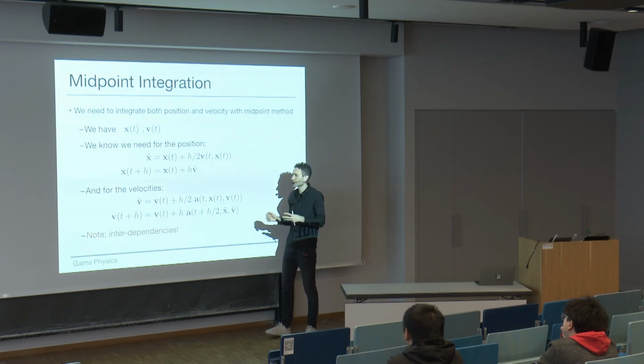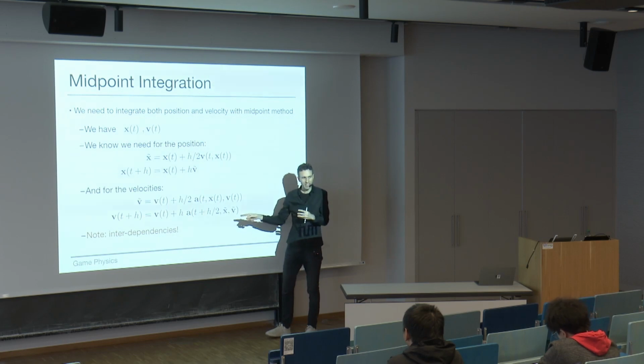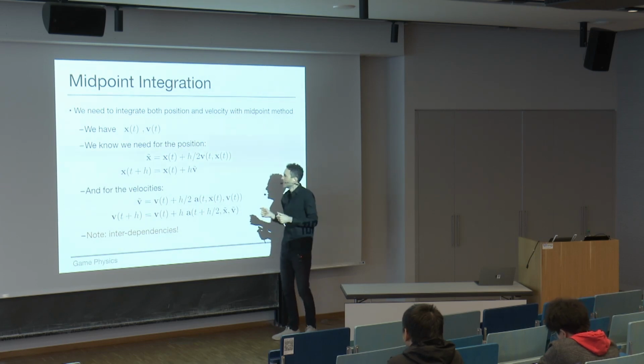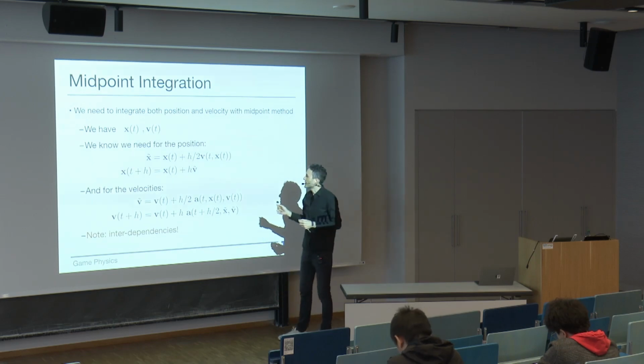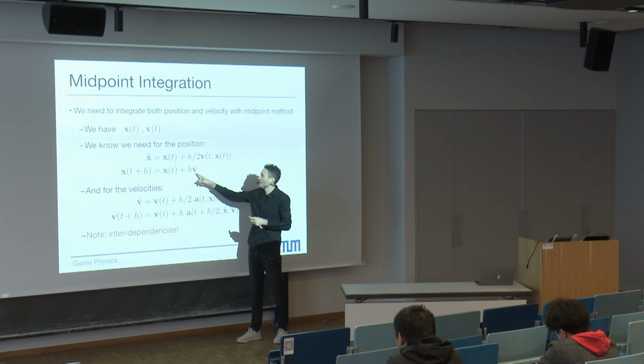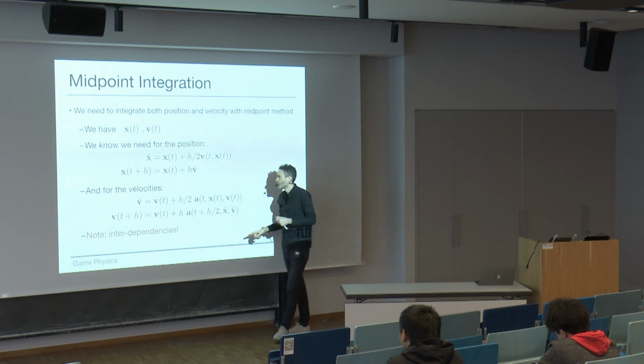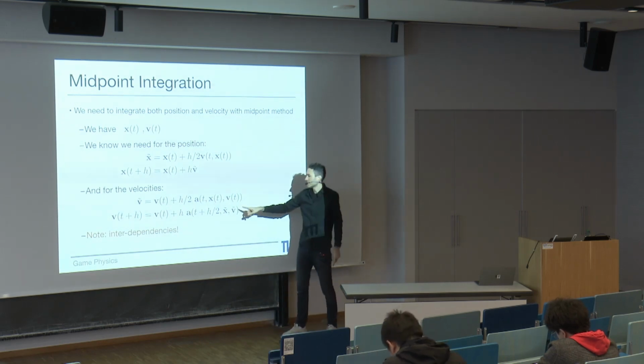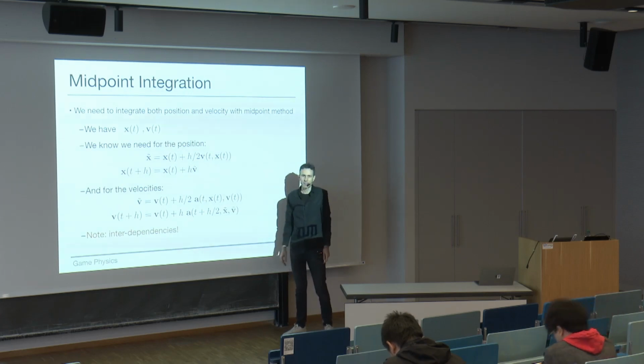So you cannot separate x and v here completely, because at the midpoint, they belong together. From the notation here, you can see that the second midpoint step for the position needs a velocity at the midpoint, and the second step of the velocity actually needs the positions at the midpoint.